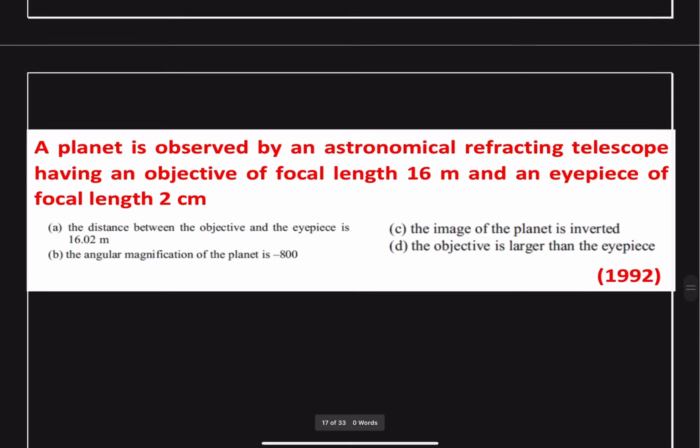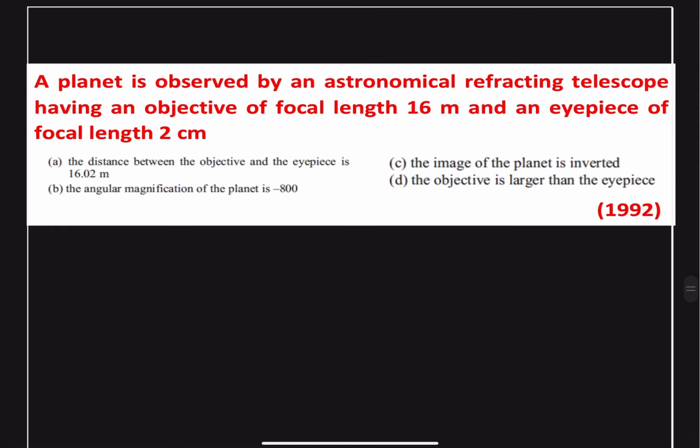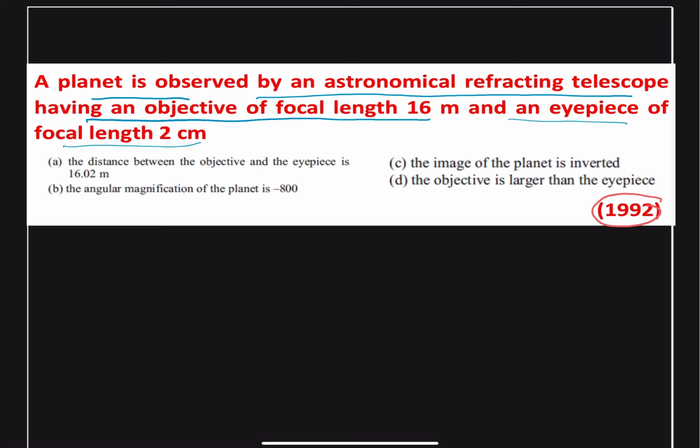So we come to the next question, and it was asked in the year 1982, and it states that a planet is observed by an astronomical refracting telescope having an objective of focal length 16 meter and eyepiece of focal length 2 centimeters.